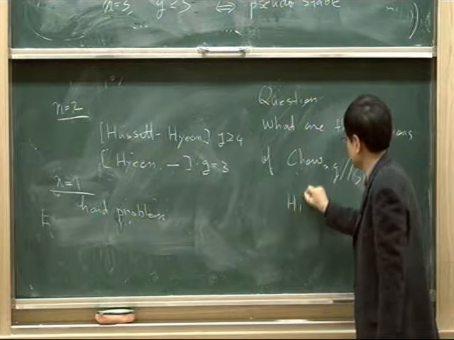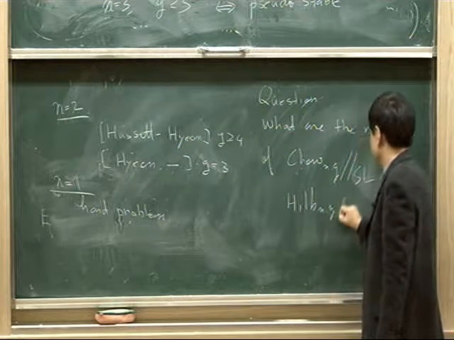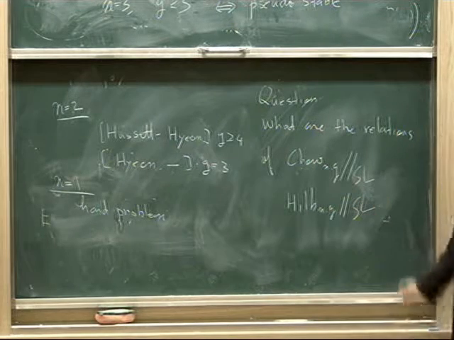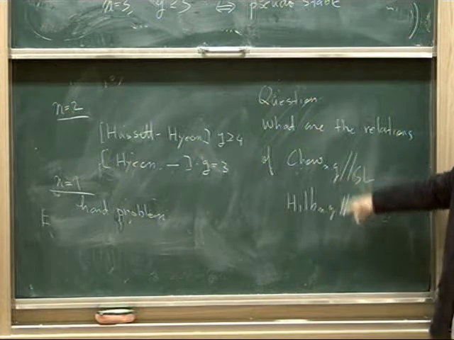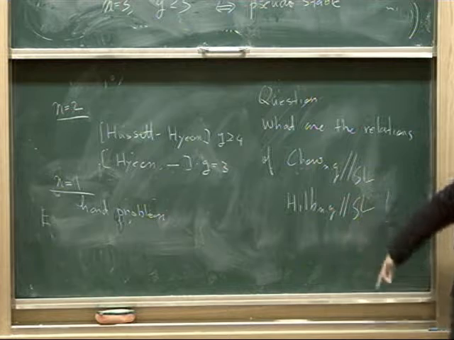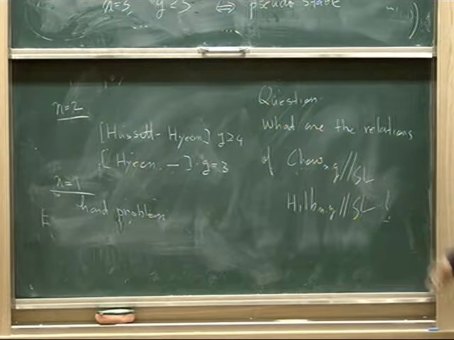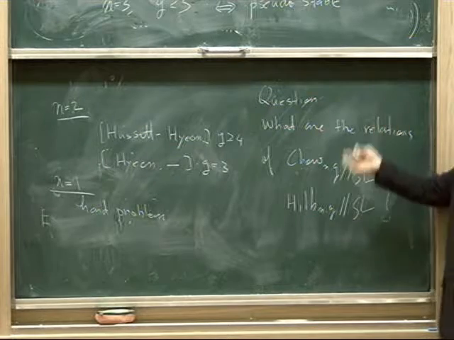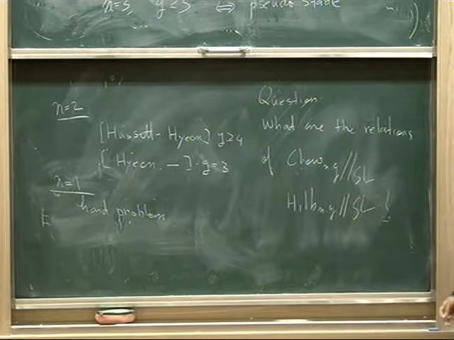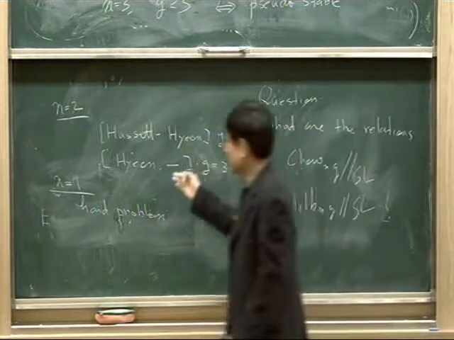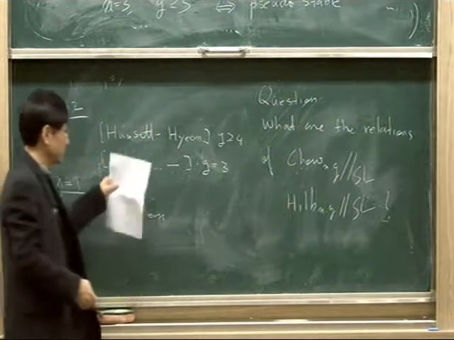It means how their geometries change by varying n. These are some questions, and some cases were answered by Hassett and Hyun, and I also worked together with Hyun.